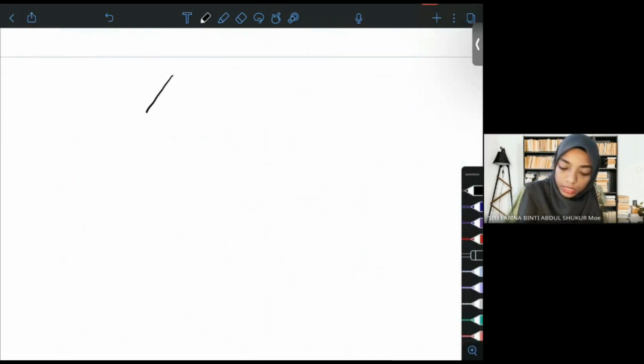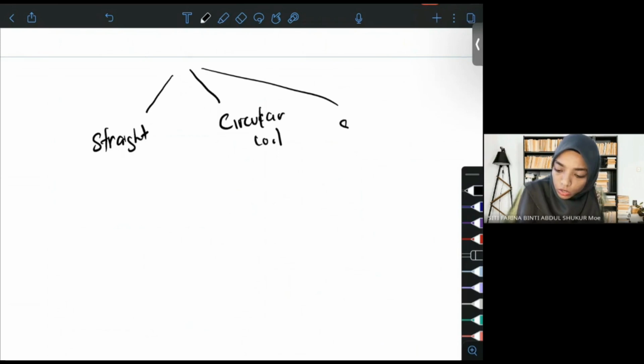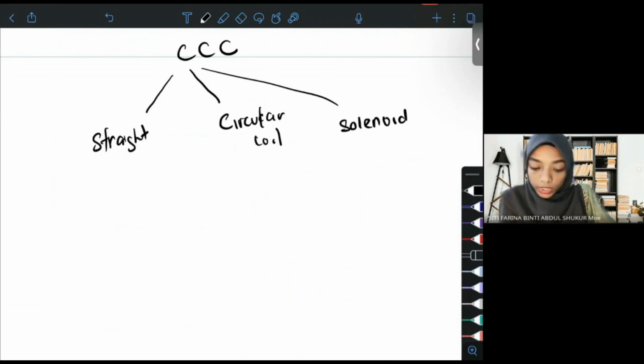The first one is straight wire, straight circular coil dan juga solenoid. Ini tiga adalah jenis current carrying conductor. Okay, so conductor kita adalah sebenarnya straight wire, circular coil dan juga solenoid. Tiga-tiga ini adalah jenis conductor kita di mana mereka akan ada current that flow in them.